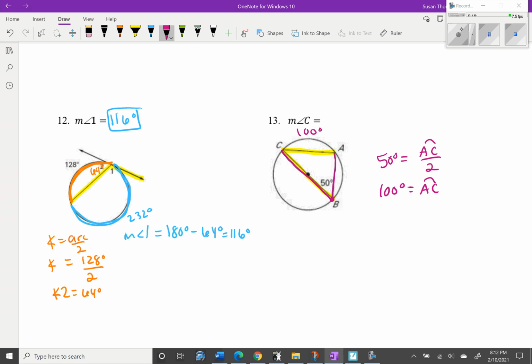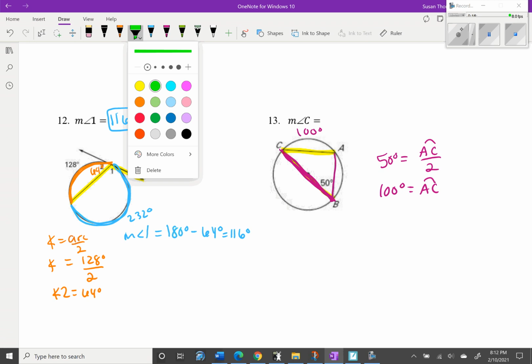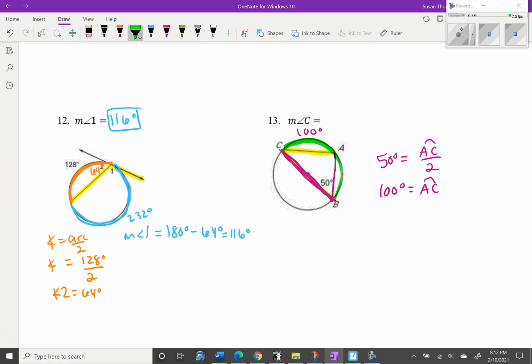And if we know that is 100 degrees and we know that BC is a diameter, which means that this entire arc from here to here is 180 degrees, then we can figure out what arc AB is.